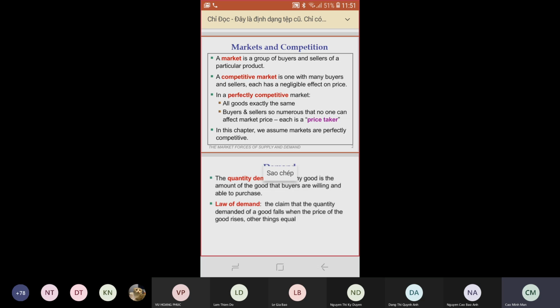Competitive market, thị trường cạnh tranh, is a market with many buyers and many sellers. And each seller, listen carefully, has a little bit of power to set the price.